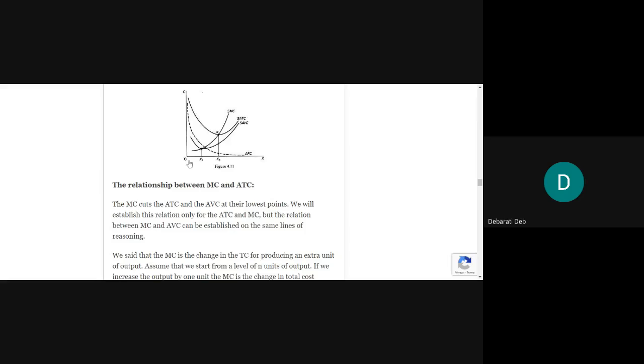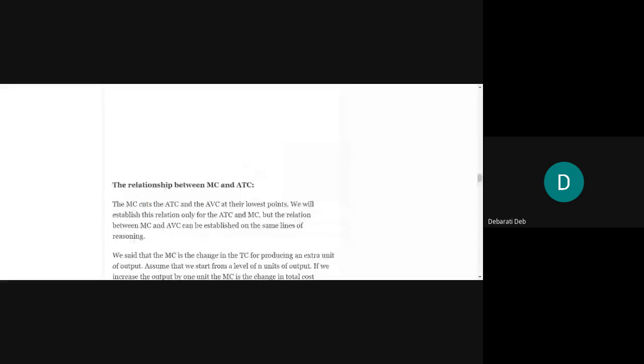Simple. Follow this rule. You will draw the marginal cost curve, that is the SMC curve, by just going through this X1 and X2. Pass through this X1 and X2 and draw this SMC curve.